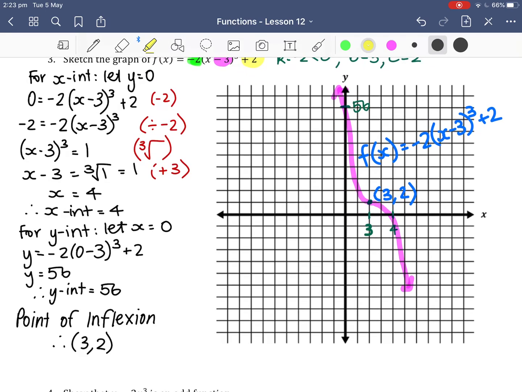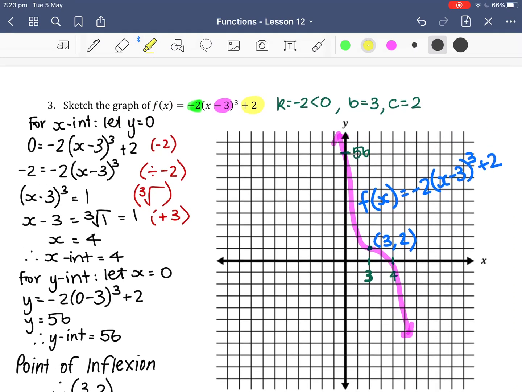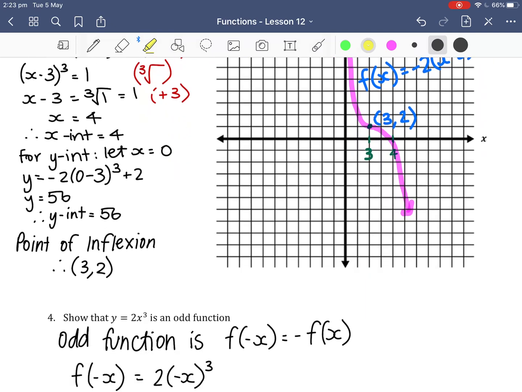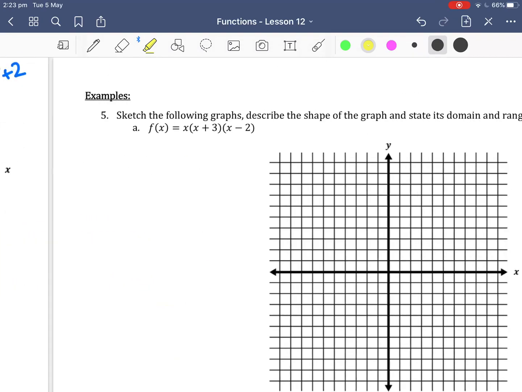We didn't get a very accurate graph for example 3 when we sketched the function, but we got the general gist of what was going on from the information provided, and we also showed all of the information provided. So this will not give a very accurate graph, but it will show the shape and important features. So that's what we need to make sure that we do. For the graph of y = k(x - a)(x - b)(x - c), it has x-intercepts at a, b, and c.